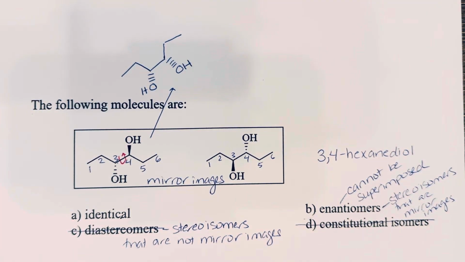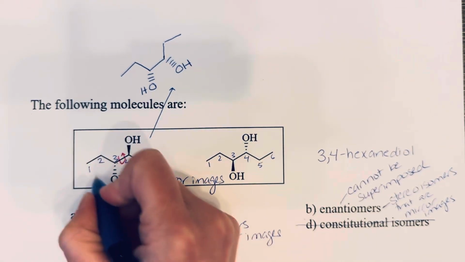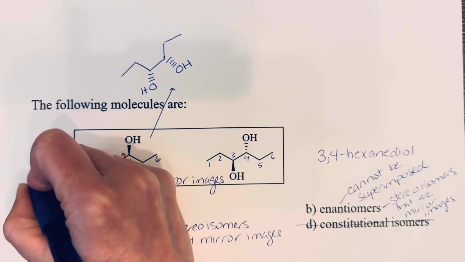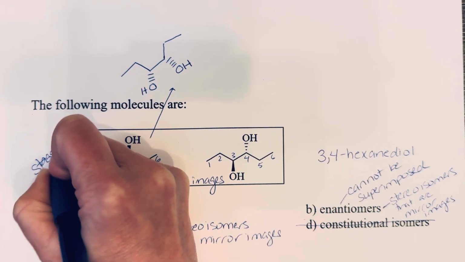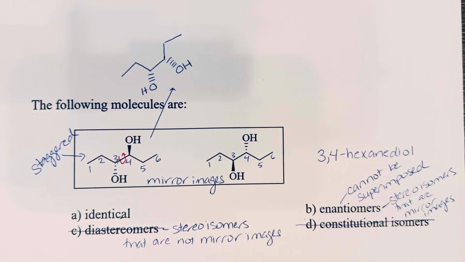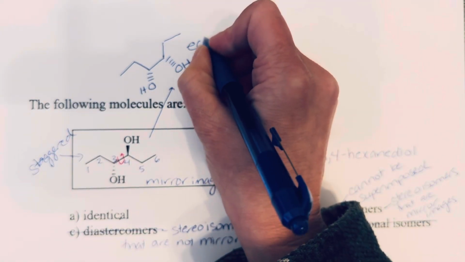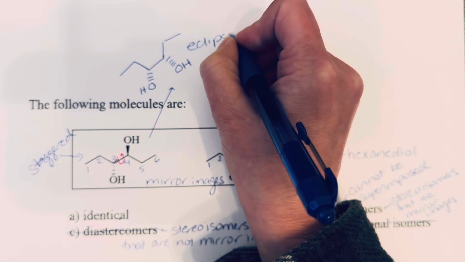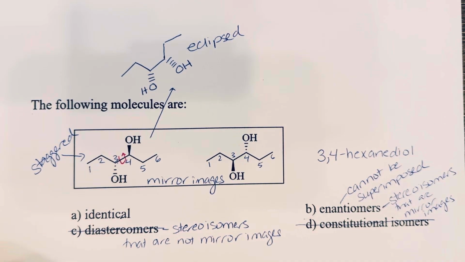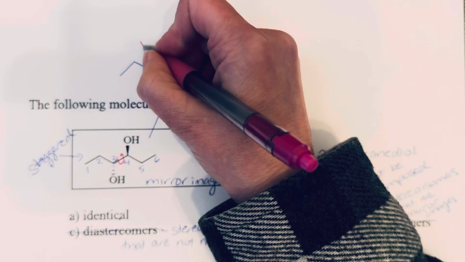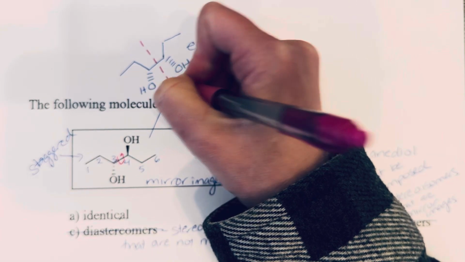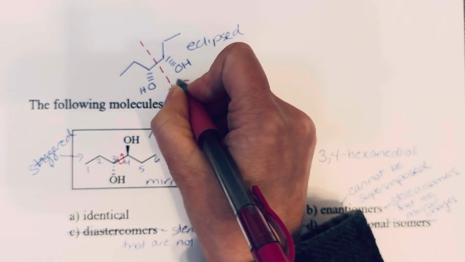We started off with a staggered conformation, and we've now drawn this as an eclipsed conformation. In this eclipsed conformation, we can see that we have a plane of symmetry.